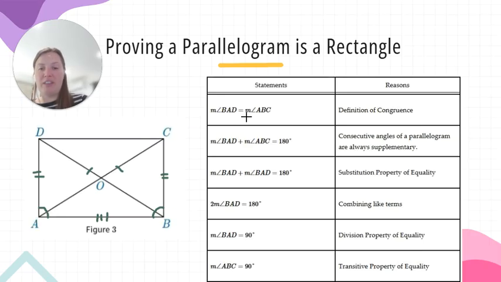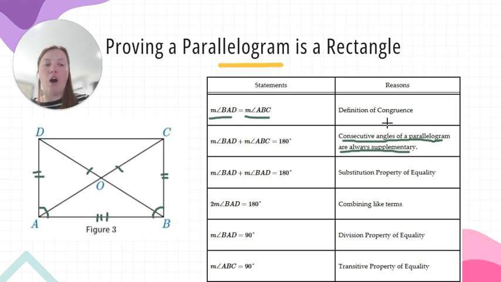By definition, that means that they are equal to each other. Now, we have that consecutive angles of a parallelogram are always supplementary, a proof that we have done in the past, right? We're given this information.